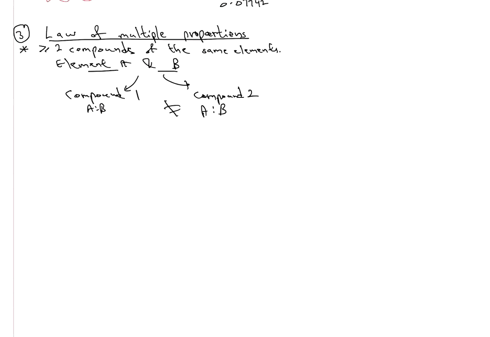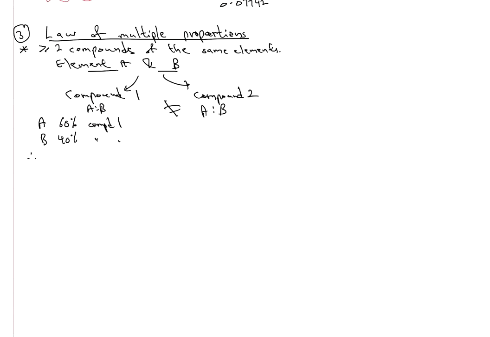Let's say that in compound 1, A contributes 60% to the weight of the compound and B contributes 40% to the weight of the compound.